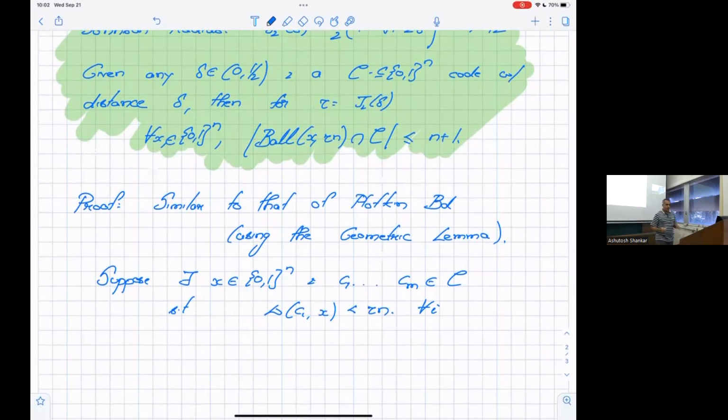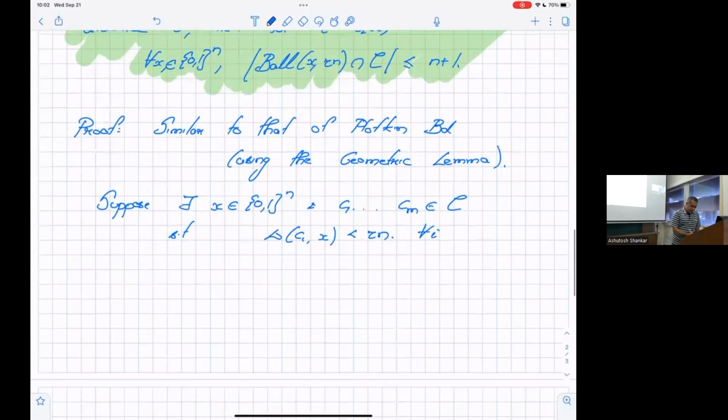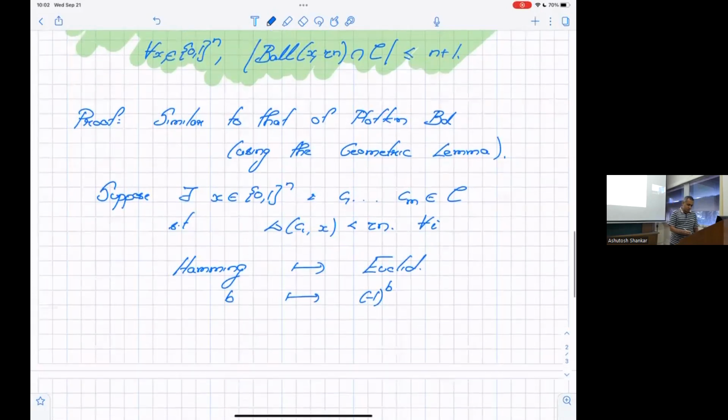Okay. We're going to do the same thing. We're going to do this Hamming distance to Euclidean distance trick that we did last time, in which a bit b is going to get converted to (-1)^b. So we have this set x, C1, C2, ..., Cm here.